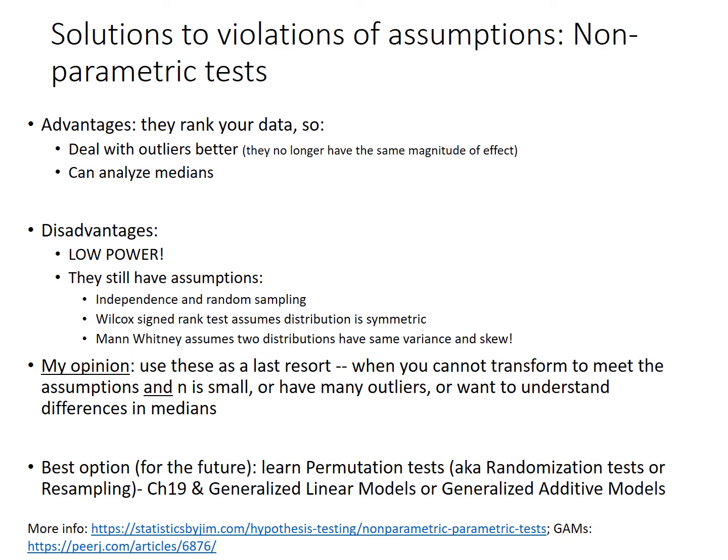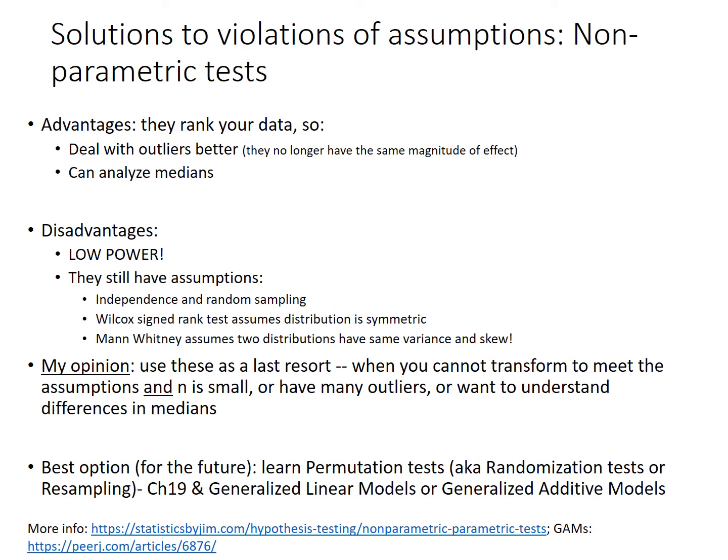But when you can more or less transform things to make it good enough, or you have a decent sample size, you don't have a big outlier issue, then go ahead and use the parametric tests and just rely on the robustness that they provide.